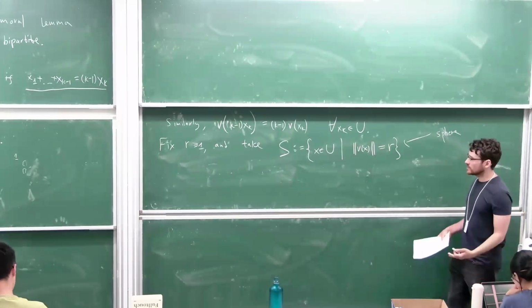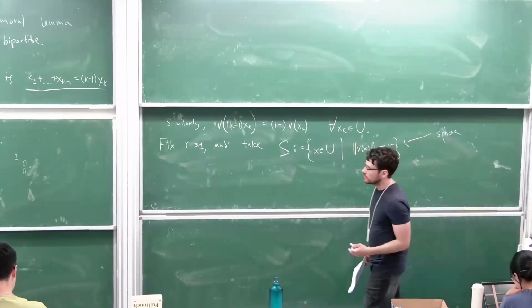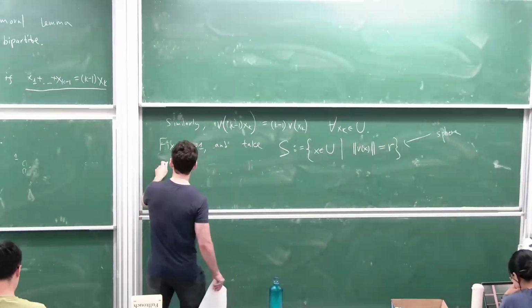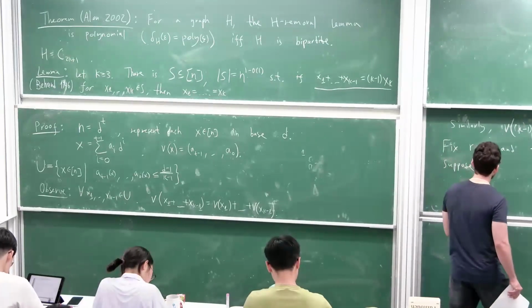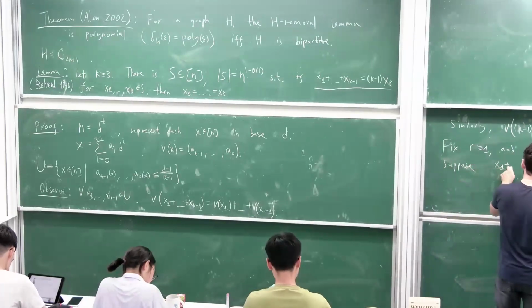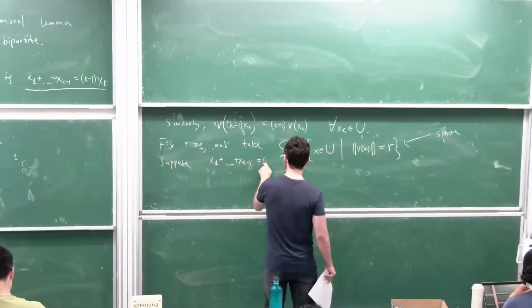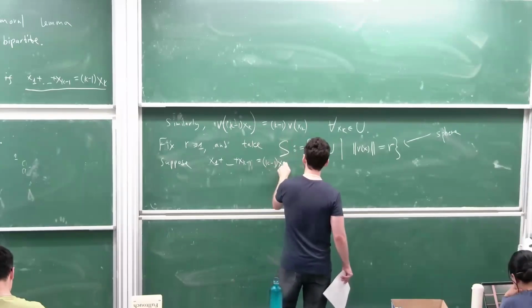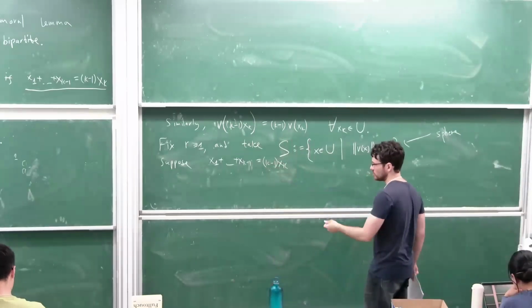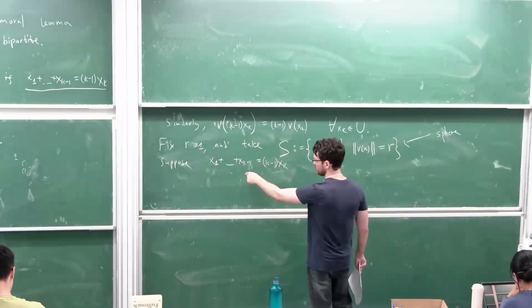So why are we taking a sphere? Well, suppose that x1 up to xk satisfies this equation. We want to show that this is only possible if they're all equal.